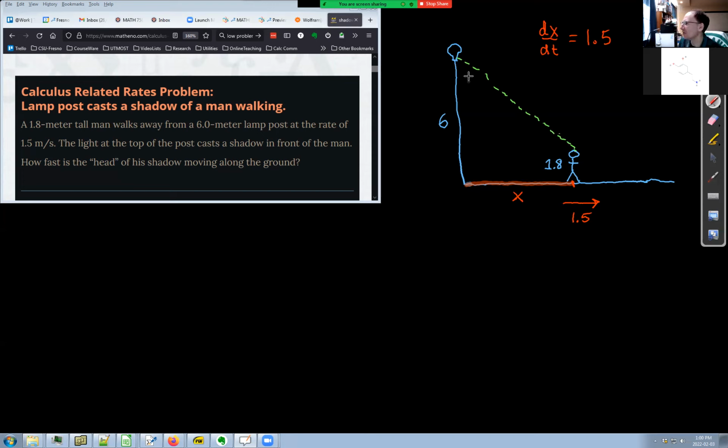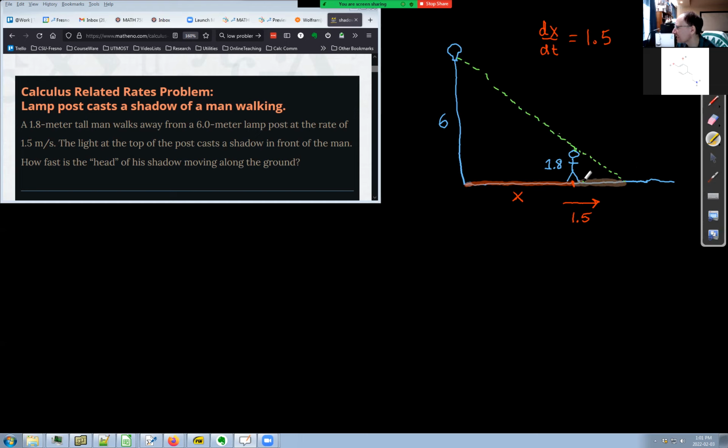There are all these light beams, but those are all getting blocked by the man. Let me just finish drawing the picture. The light continues out there. So this bit right here, which I'll highlight in a different color, is the shadow.